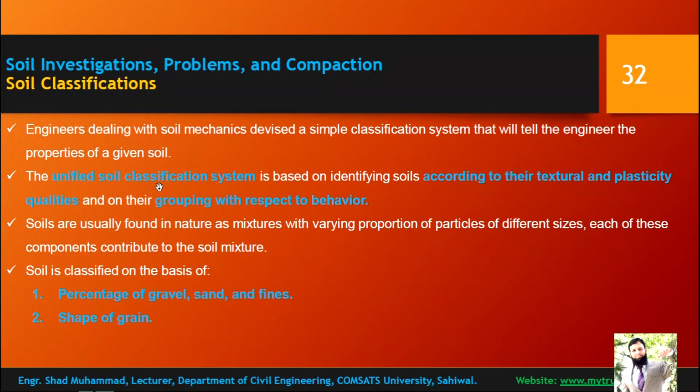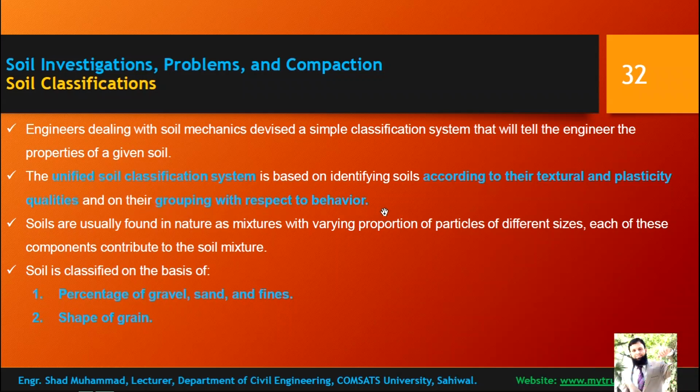All right, soil classification. Engineers dealing with soil mechanics devised a simple classification system that will tell the engineer the properties of a given soil. The Unified Soil Classification System (USCS) is based on identifying soils according to their textural and plasticity qualities and on their grouping with respect to behavior.